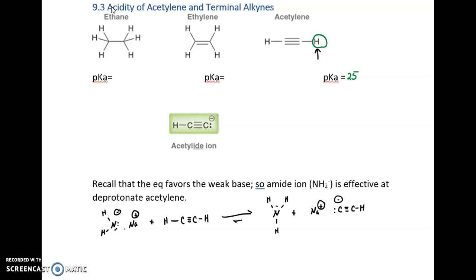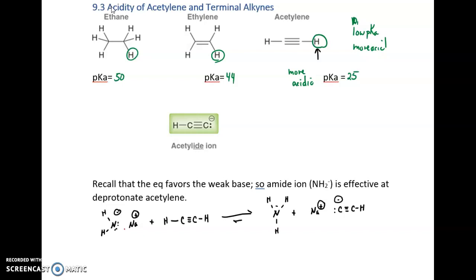For ethylene, the hydrogen in the same position has a pKa of 44, and for ethane, we have a pKa of 50. You'll remember that the lower pKa is more acidic. So this is the more acidic one.